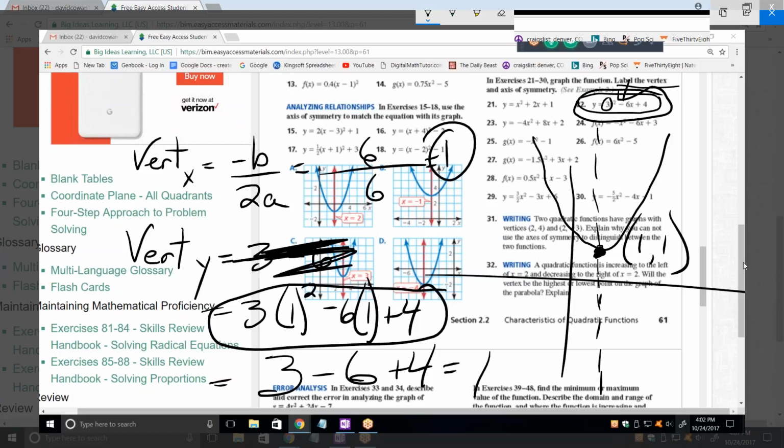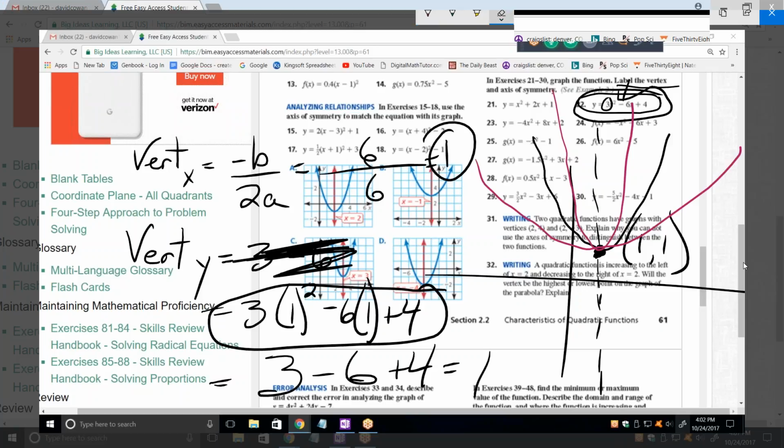If it was negative, it would open down. It's always useful to have more than one point, because I could have a vertex there, but the parabola could look like that, or like this. So the width of the parabola is important.